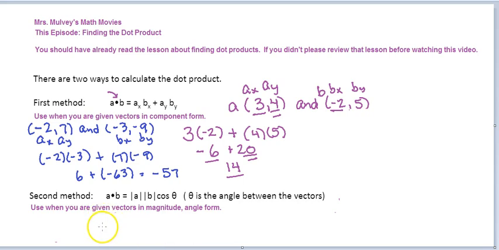So let's find the dot product of a vector, I'm going to call it vector A, and tell you that it has a magnitude of 10 and a bearing of 20 degrees. So starting very similar to the last time, 20 degree bearing.